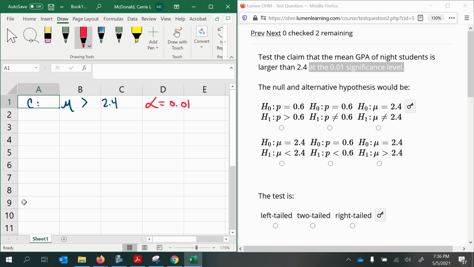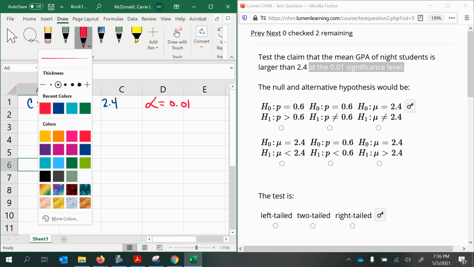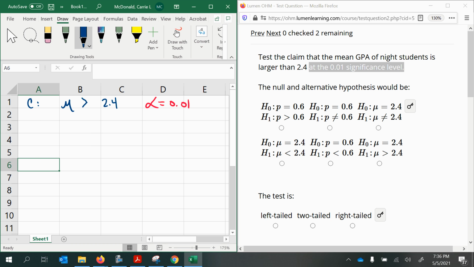Okay, now let's get back to the hypotheses. Now that we have our claim in symbols, we're going to determine if the claim falls under the null hypothesis or if it's going to be the alternative hypothesis, H sub A or H sub 1, either way. The null hypothesis always has equality, and our claim does not have equality.